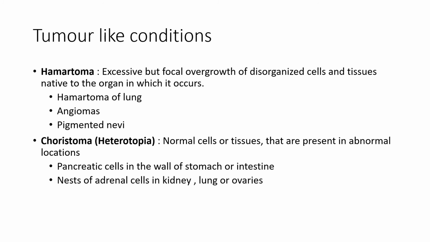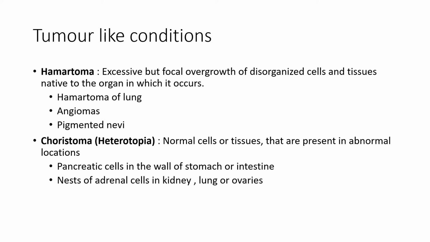Now we look at tumor-like conditions. The first one is hamartoma, which is defined as excessive but focal overgrowth of disorganized cells and tissues native to the organ in which it occurs. Examples are hamartoma of lung, angiomas, and pigmented nevi. The next one is choristoma, also known as heterotopia.